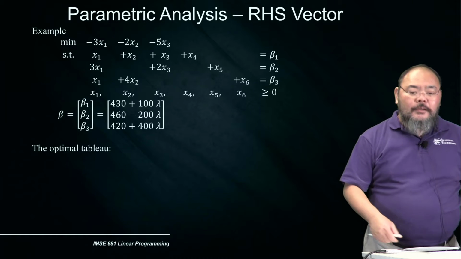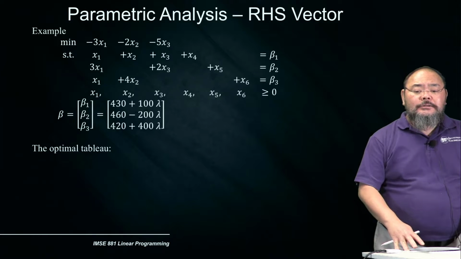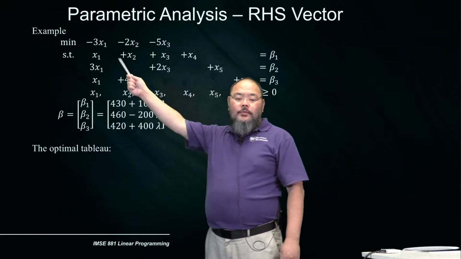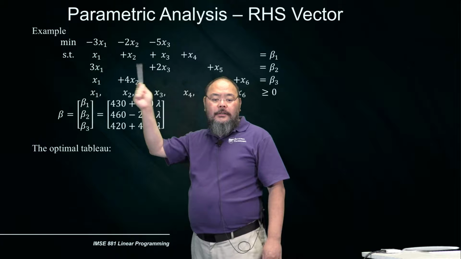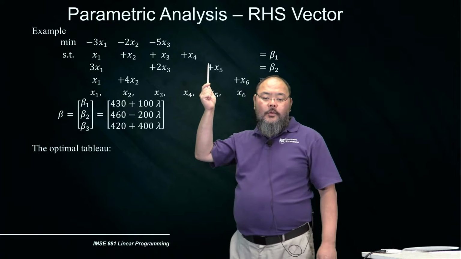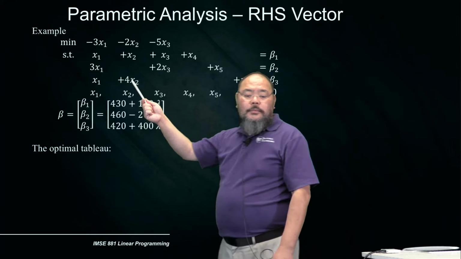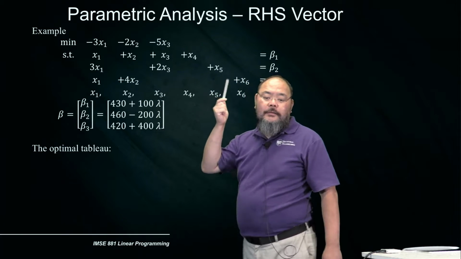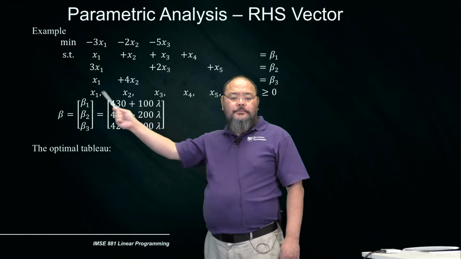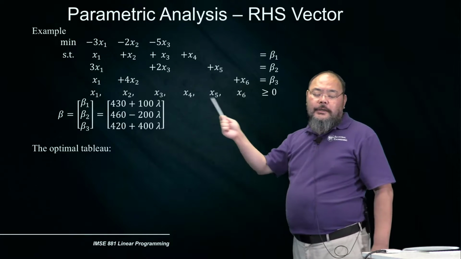However, if the situation is not that ideal, let's see what happens. Let's look at an example. Minimize negative 3x1 minus 2x2 minus 5x3, subject to x1 plus x2 plus x3 plus x4 equals beta 1, 3x1 plus 2x3 plus x5 equals beta 2, and x1 plus 4x2 plus x6 equals beta 3, with x1 to x3 non-negative.